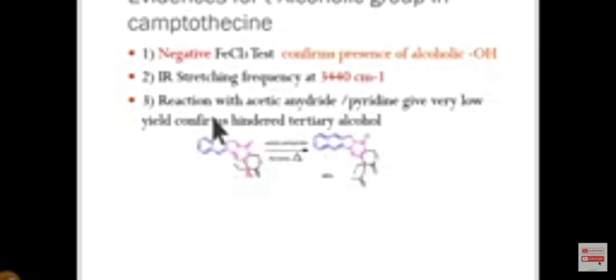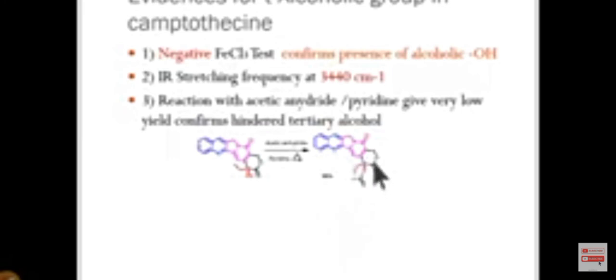Before deciding whether it is NH or OH, the author did one reaction with camptothecin, the reaction with acetic anhydride in presence of pyridine, and they got a monoacetate derivative. You can see this OH was treated with acetic anhydride in presence of pyridine. They got the monoacetate derivative of camptothecin.